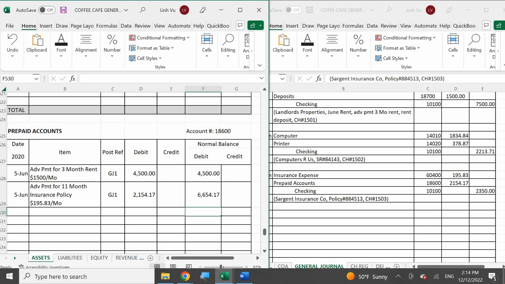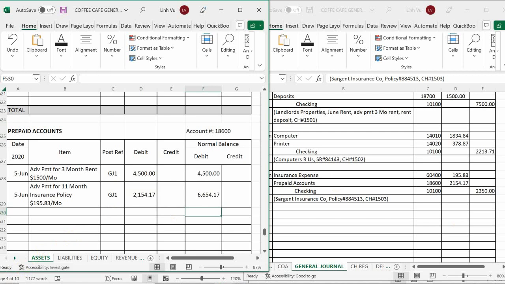Okay? So that means this is my total amount for my prepaid rent and my prepaid insurance. All right.